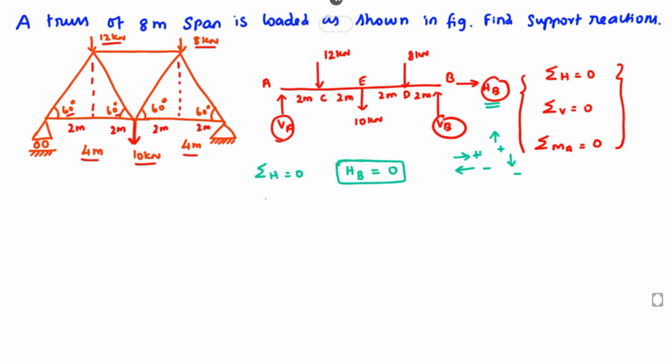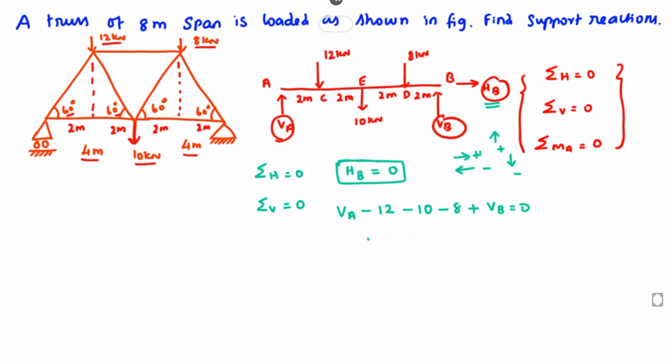The second thing is sum of vertical force equal to 0. We have the vertical force VA going upward, so we take positive VA. Downward, 12 kilonewton is there, so minus 12. Again downward, 10 kilonewton, minus 10, then minus 8, then plus VB equal to 0.